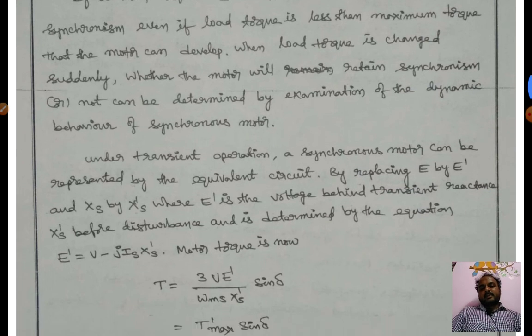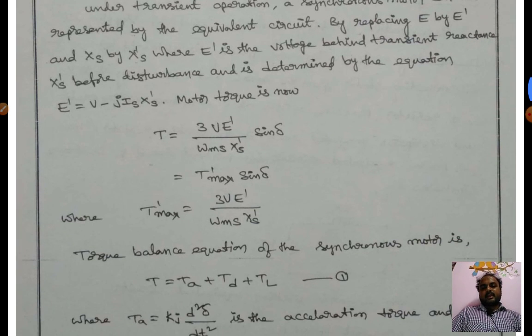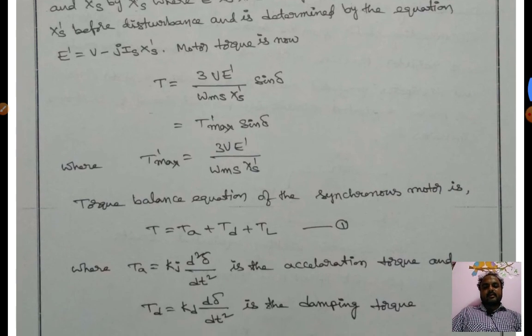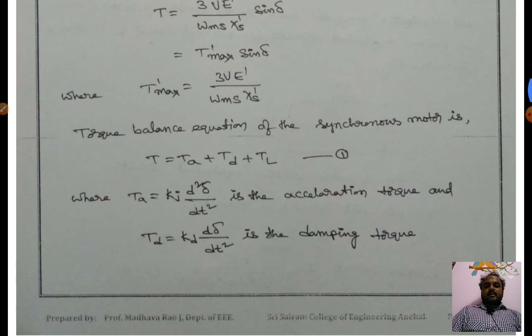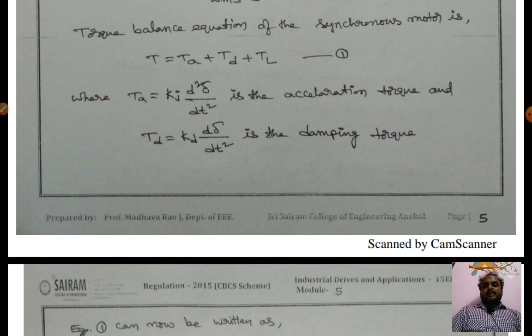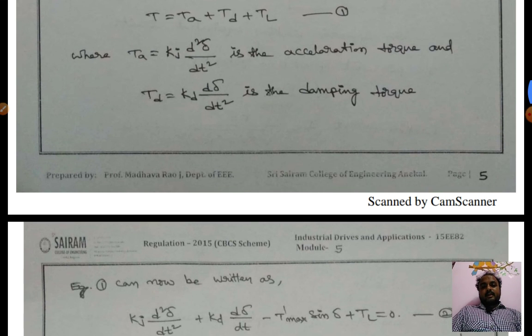Dynamic stability will have torque T, T max, where T is equal to TA plus TD plus TL, right? These are the load torque, damping torque and acceleration torque. The acceleration torque TA is equal to kj d square delta by dt square. The damping torque is kd d delta by dt.